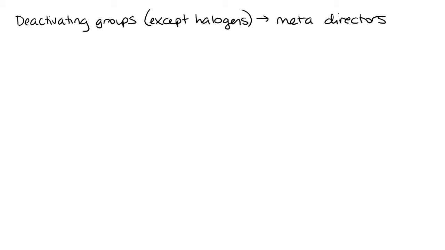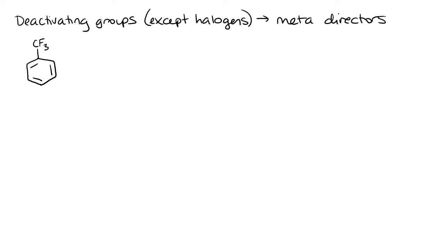Now the deactivating groups, except for the halogens, are all meta-directors, and we'll talk about the halogens on the next slide. Now for our meta-directing deactivating groups, let's go ahead and take a look at a benzene ring substituted with a strong deactivating group, CF3.